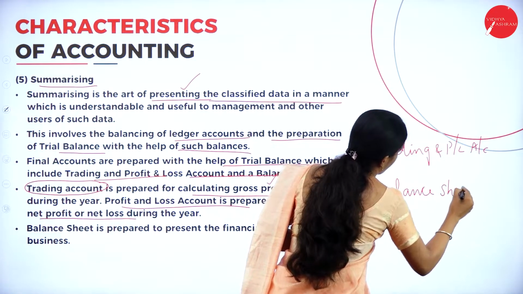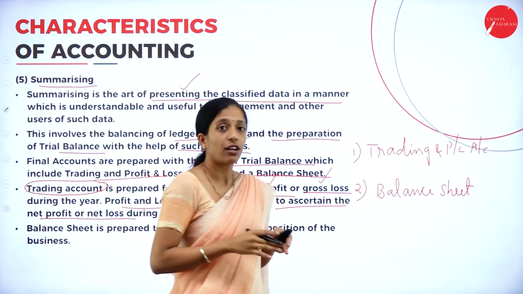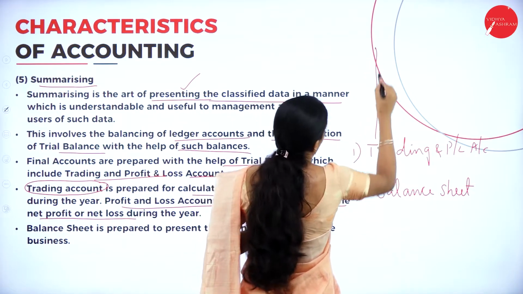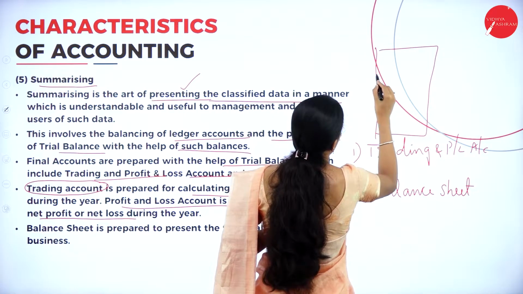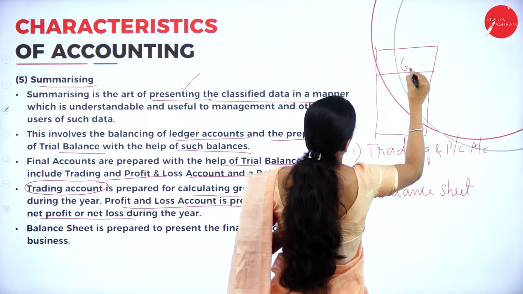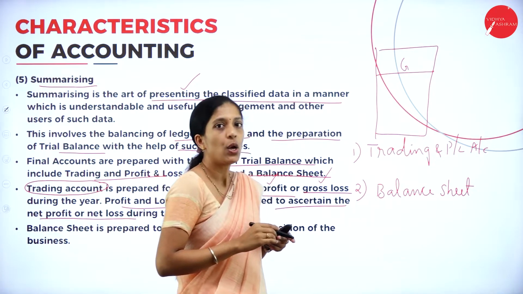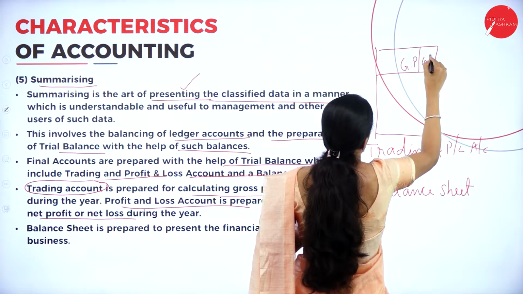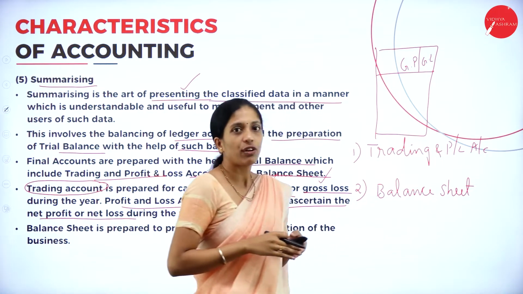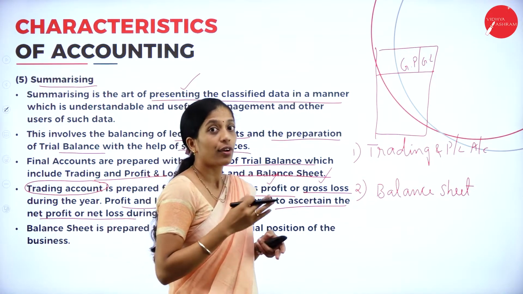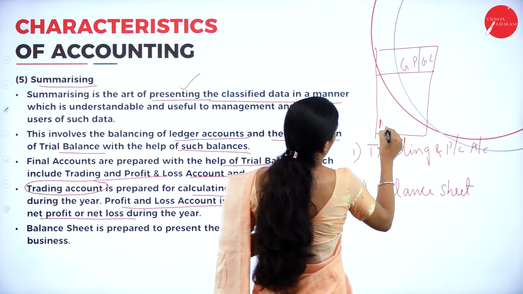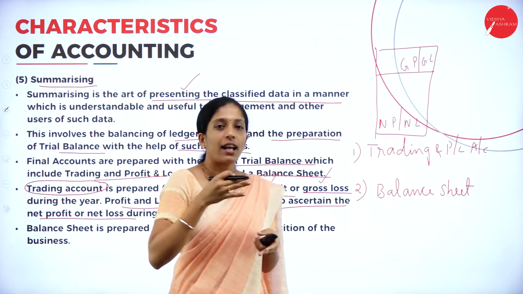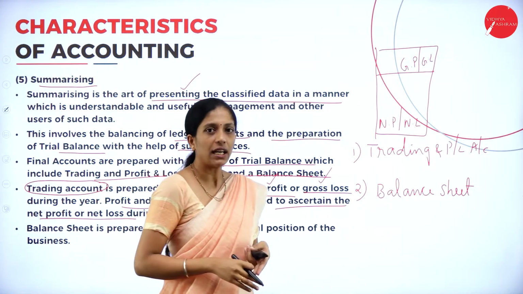Here you have to remember that the trading and profit and loss account is a single account, where half will be the trading account, after preparing which we will come to know the gross profit or gross loss. Then the continuation will be the profit and loss account, where we will come to know the net profit or net loss of the business. And later on we'll prepare the balance sheet.